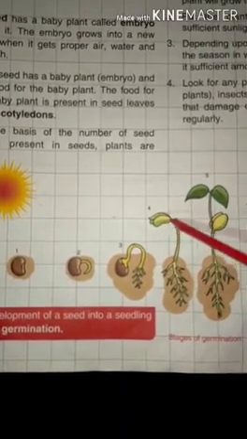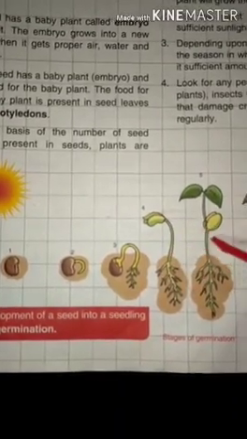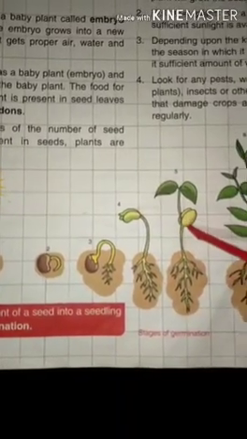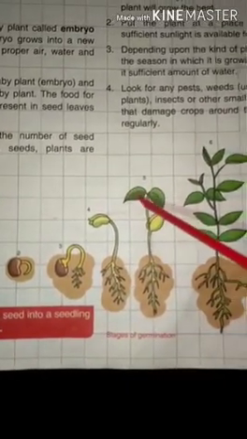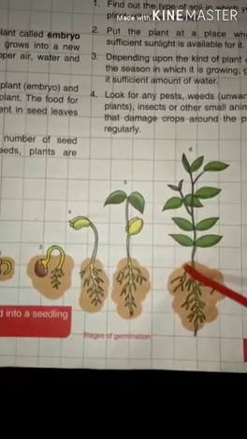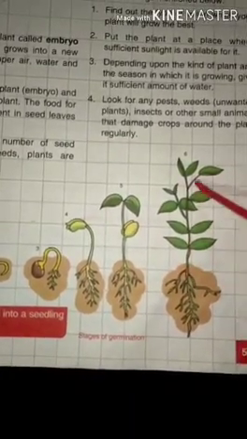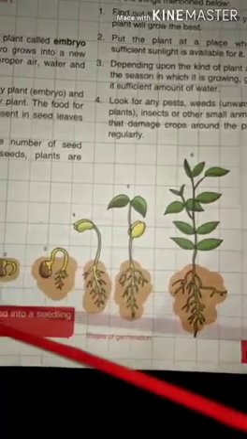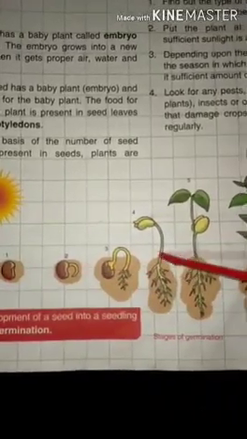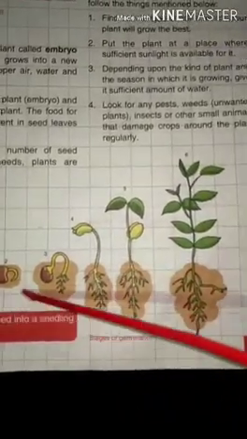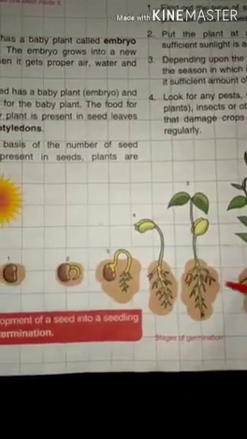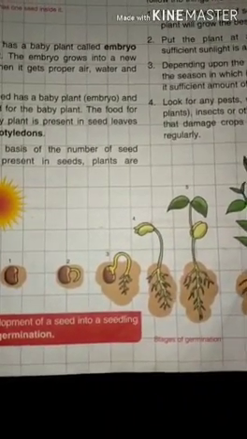Here root as well as shoot appear. Now here bud as well as leaves appear, and lastly a small plant appears. So the development of a seed into a seedling is called germination.